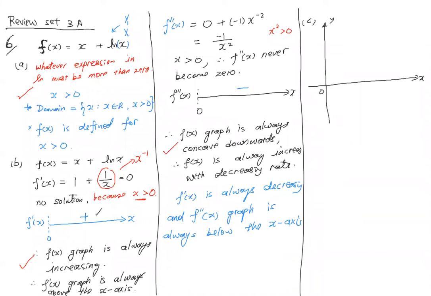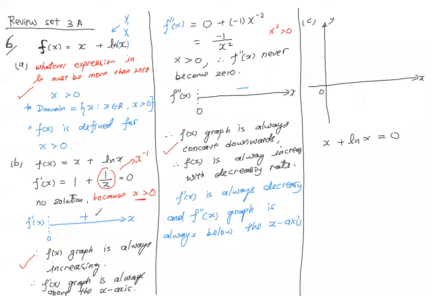Do I need to find the x-intercept for f(x)? Yes. So I have to. So x plus ln x equal to 0.